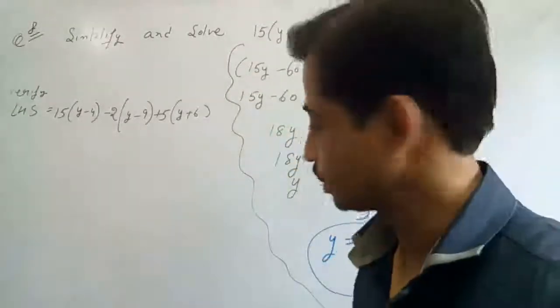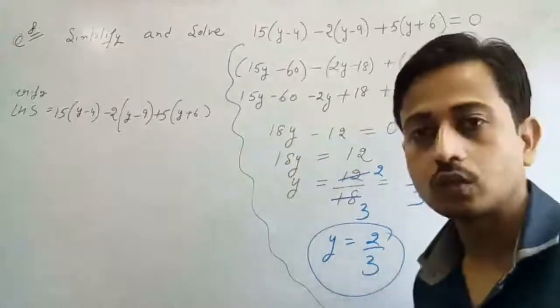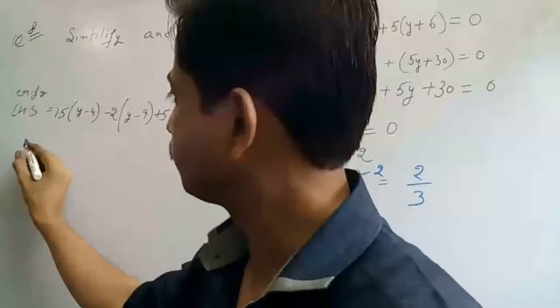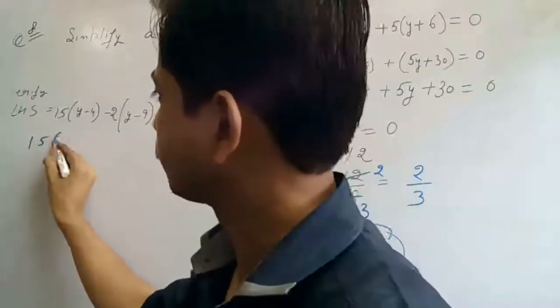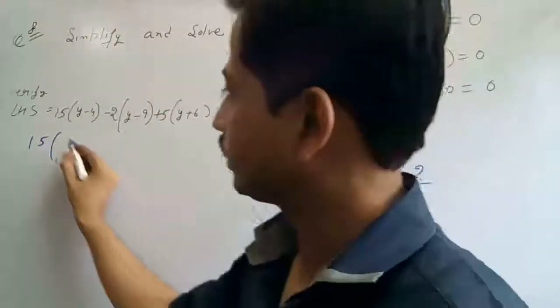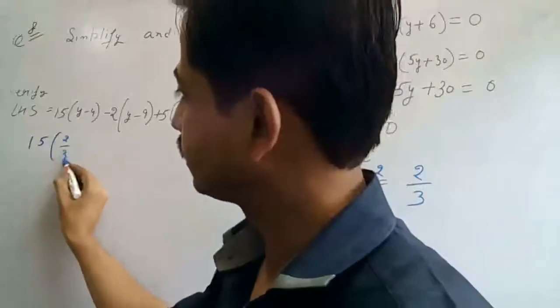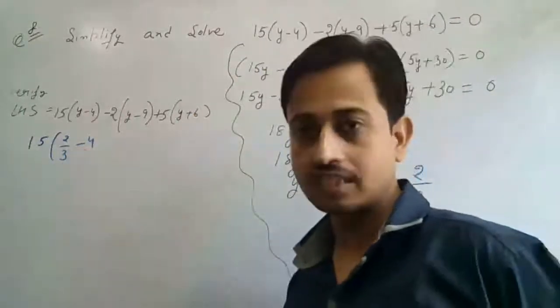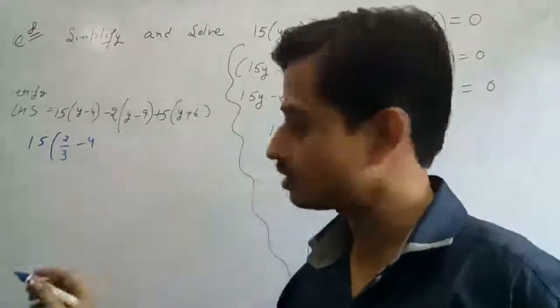And to do verification, we have to put y is equal to 2 by 3 and solve this. Please be very careful because this expression is tough. The value of y is 2 by 3. 2 by 3 minus 4. Again please, this term is in terms of rational. So try to make all the terms rational.